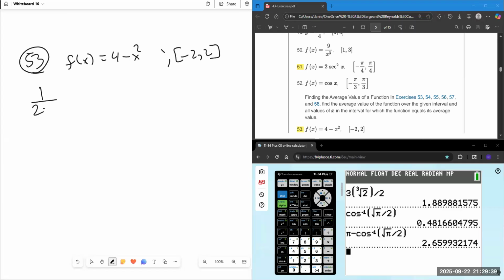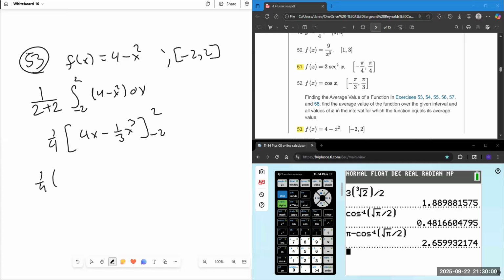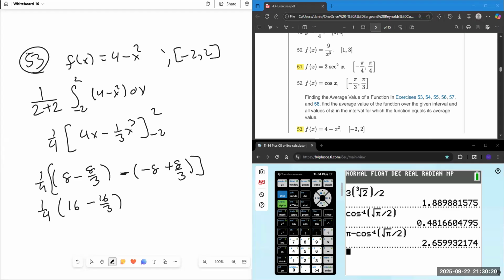We already talked about this one: 1 over b minus a, integral from a to b of f of x dx. 1/4 of 4x minus 1/3 x cubed, negative 2 to 2, is 1/4 of 8 minus 8/3 minus negative 8 plus 8/3, is 1/4 of 8 plus 8 is 16, and then minus 16/3.